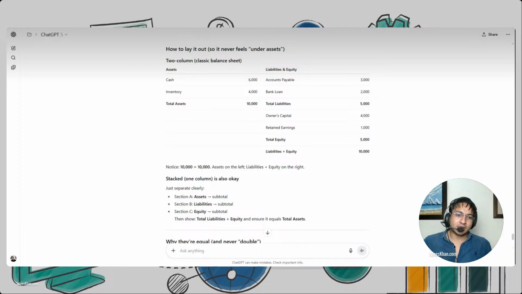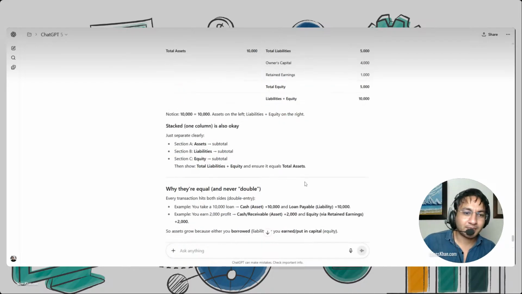Okay, guys, now I'm understanding this unique stuff. That's making some sense. A stacked one column is also okay, just separate clearly. Section A assets, subtotal, section B liabilities, subtotal, equity, subtotal.